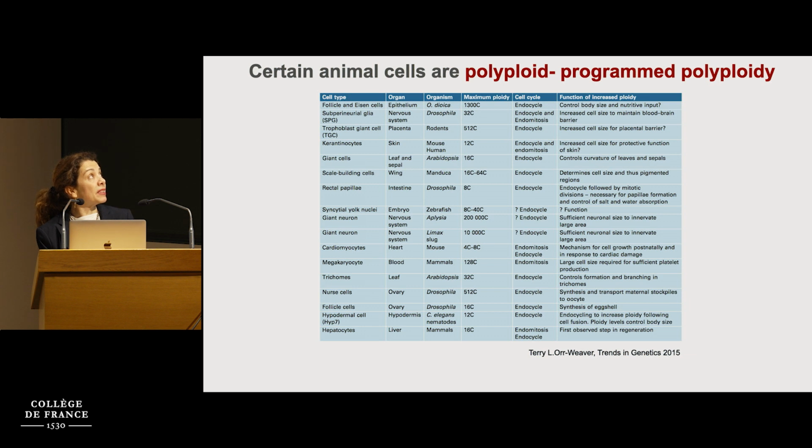But there are many other examples, such as keratinocytes or cardiomyocytes. In these examples, the so-called programmed polyploidy, it's always advantageous to gain these functions through differentiation, so that these cells can increase metabolic capacity or have a barrier function.